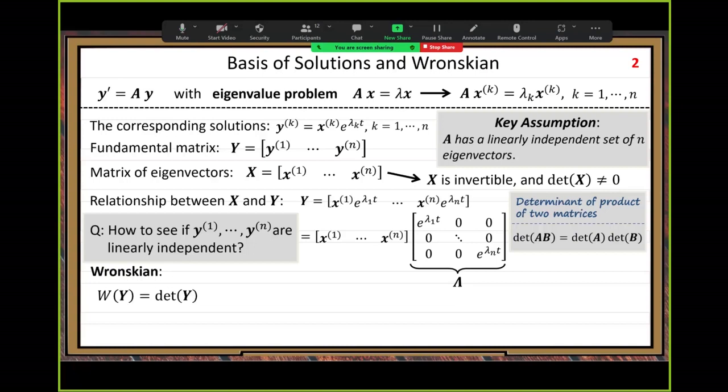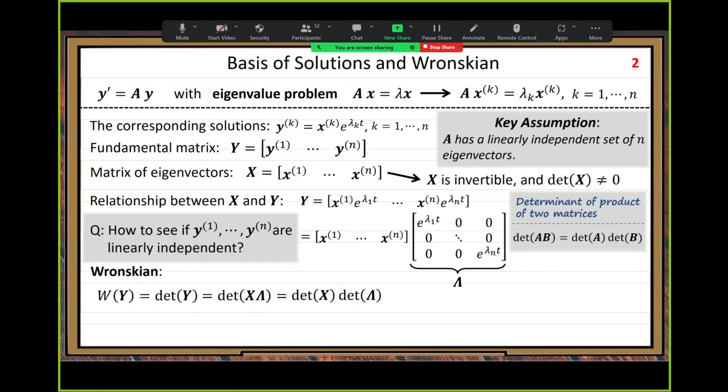So it equals the determinant of capital X times capital lambda, which then equals the determinant of X times the determinant of lambda.